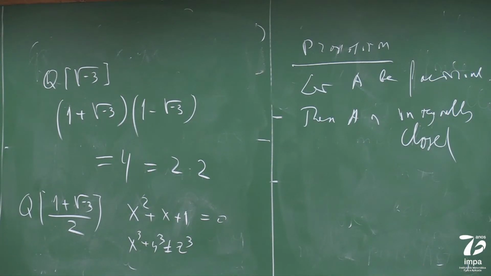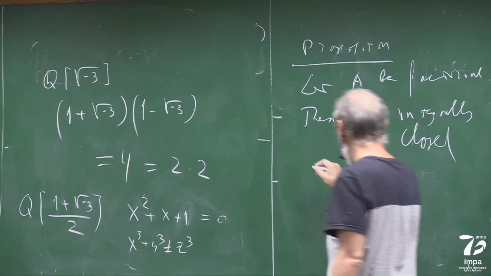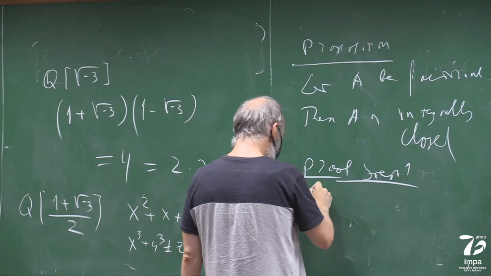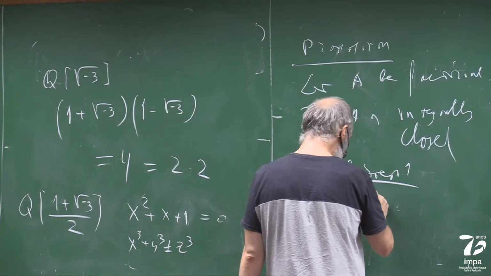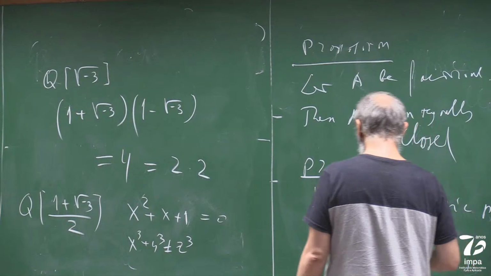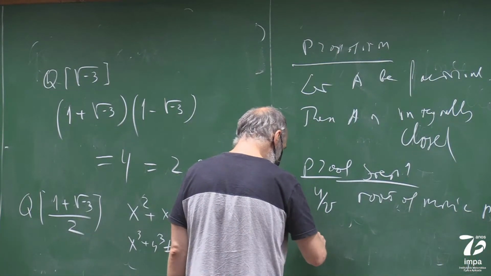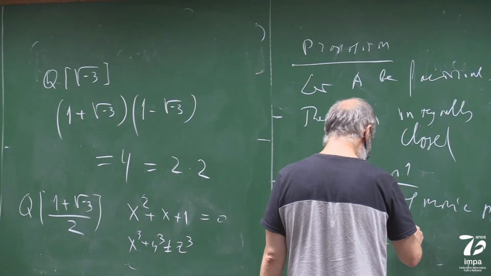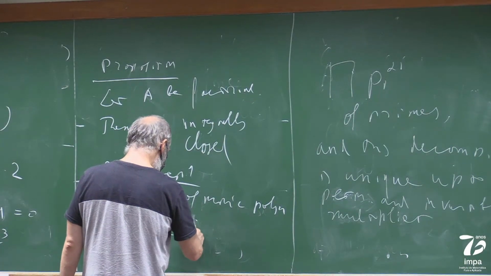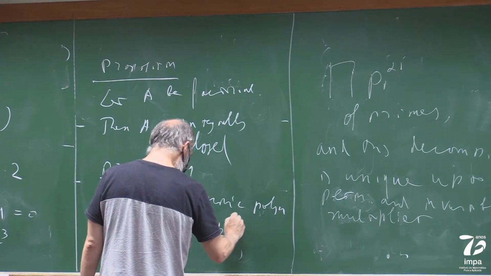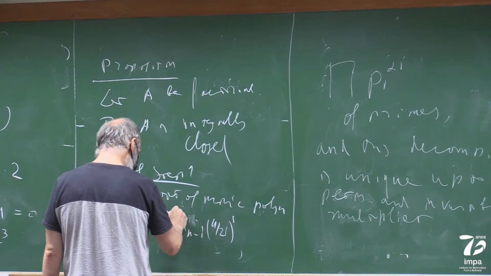Okay, so let's prove it. It's elementary. So step 1. You have u divided by v is the root of a monic polynomial. So you have (u divided by v) power n is equal to the sum of a_{n-i} (u by v) power i, from i equals 0 to n minus 1.